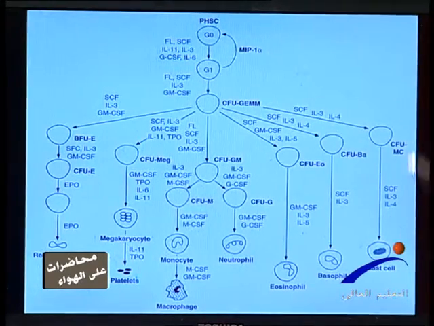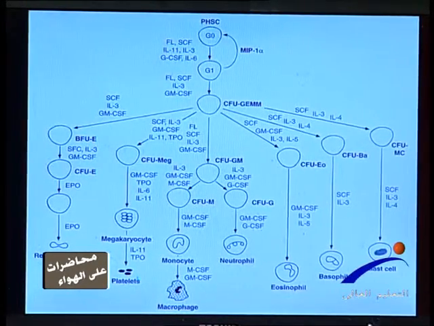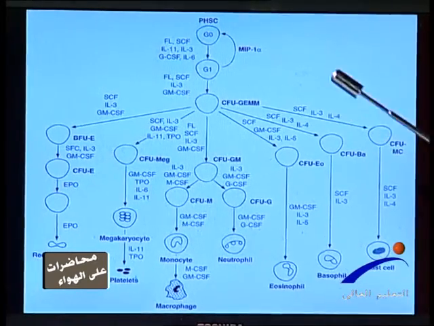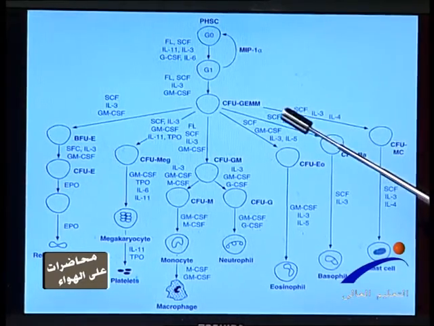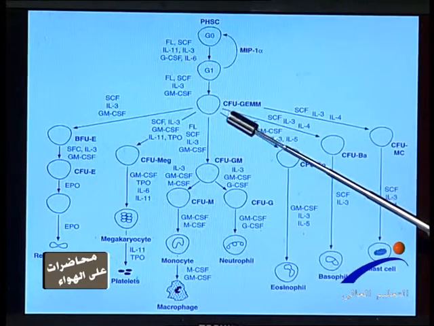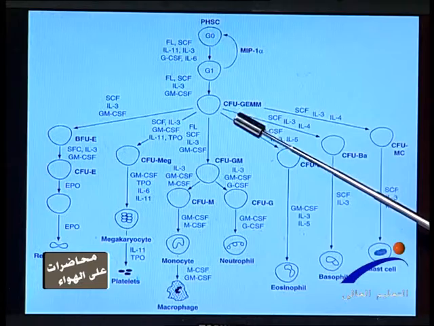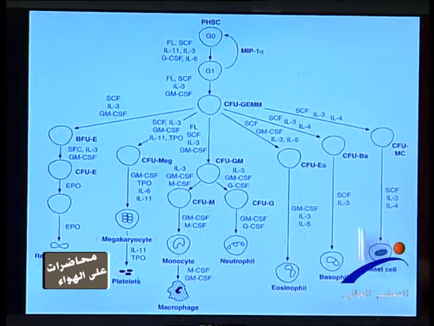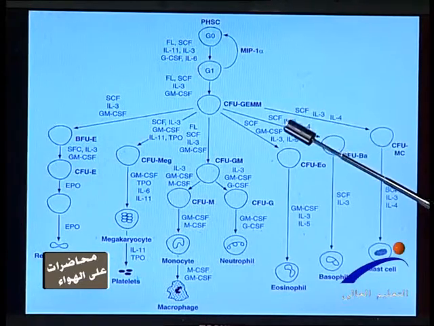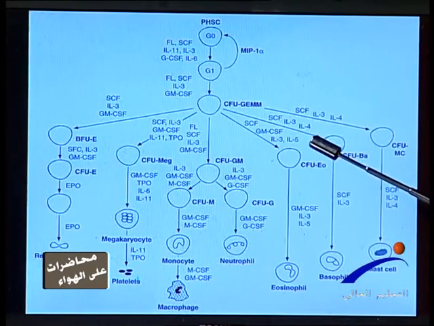This happens by several factors like stem cell factor, interleukin 1, interleukin 3, and granulocyte colony stimulating factor or interleukin 6. And it is committed to colony forming unit, granulocyte, erythrocyte, megakaryocyte, monocyte, under specific growth factors.